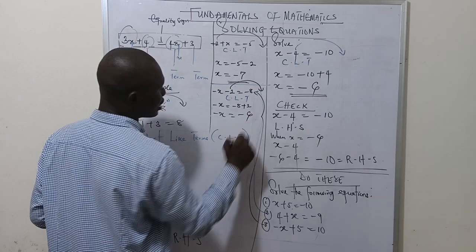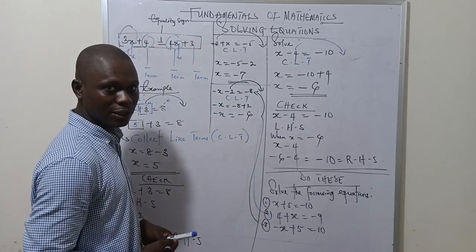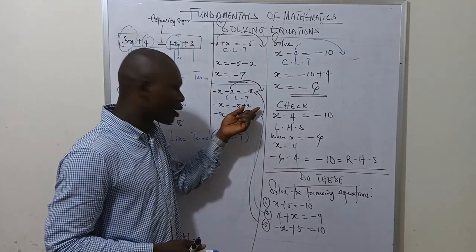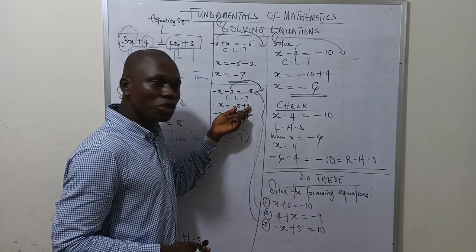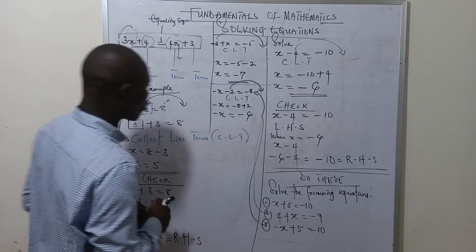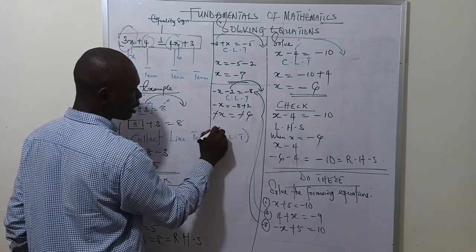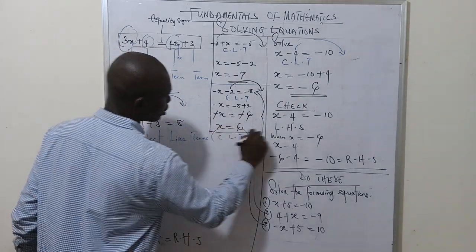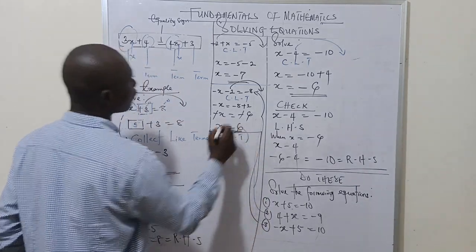How much am I owing? I'm owing 6, so that is minus 6, because I borrowed 6 and I returned 2. So from this point, minus cancels minus. x here is going to be equal to 6. So this is going to be the answer. We've gotten the value of x.